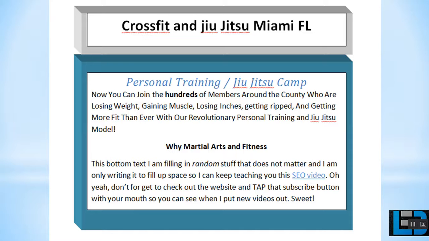Now, I just randomly put keywords such as CrossFit, Jiu-Jitsu and personal training, so don't worry about this. We're not talking about how you're going to lay it out, as in the correct wording for it. We're talking about how we look at it. This is how we look at a web page: we see these words, but the search bots look at the hypertext markup language, which is your HTML.